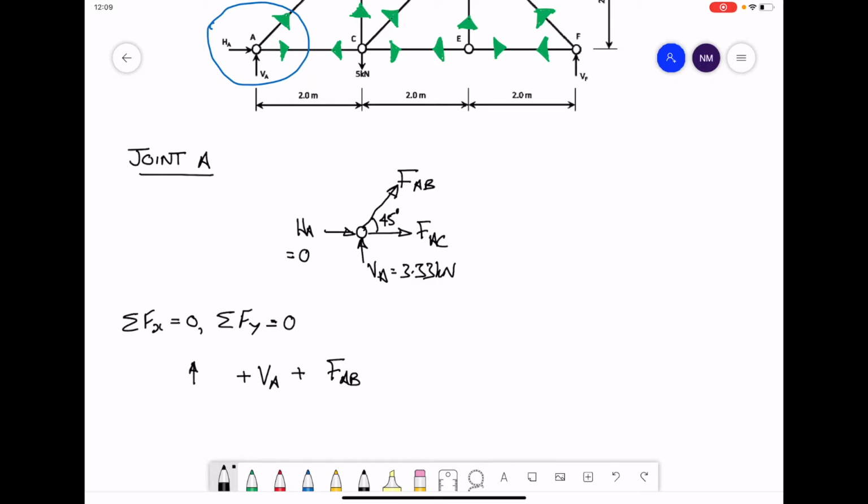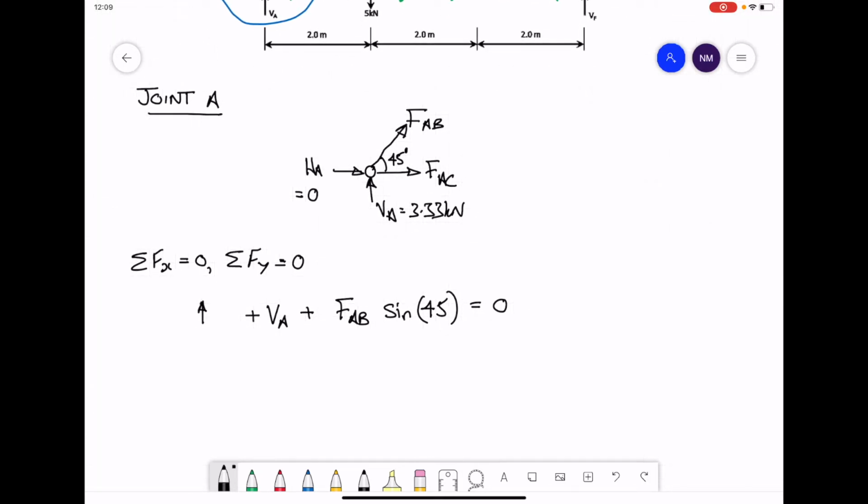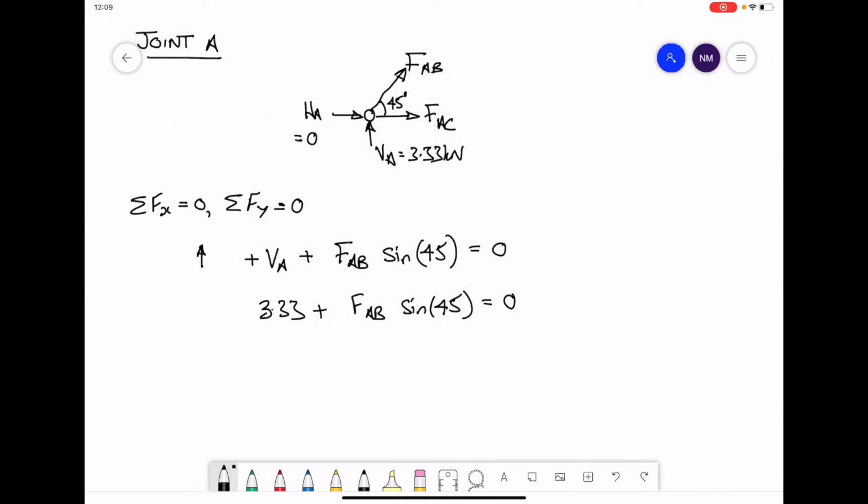The part that is going vertically is FAB sine 45 degrees. For equilibrium, those two must add up to give you 0. VA we know to be a value of 3.33. Then we can take our equation and rearrange it and work out the first member force.